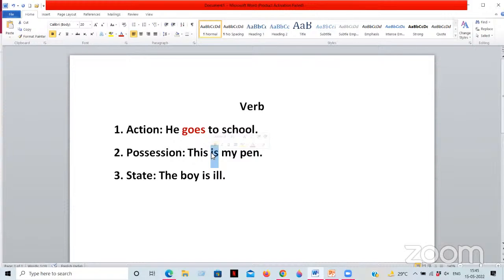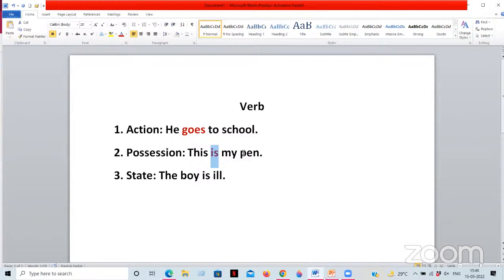Here it is showing possession: this is my pen. The noun is related to the verb, because when we are talking about this verb, we are not only talking about the verb, we are also taking the noun, the person, as well.